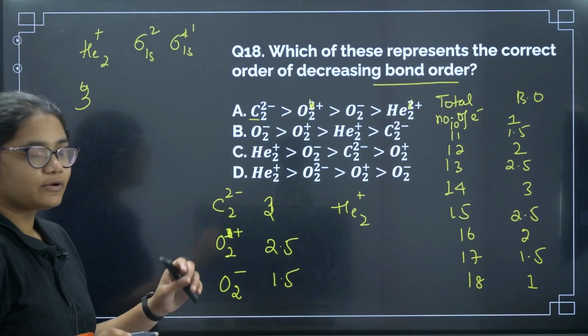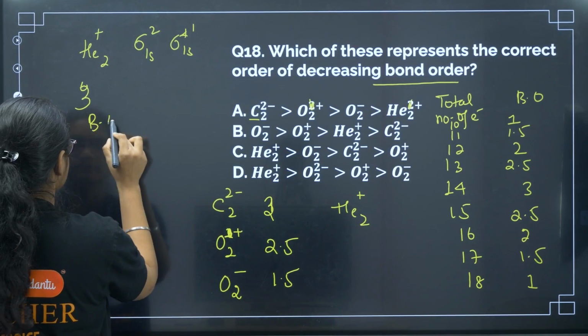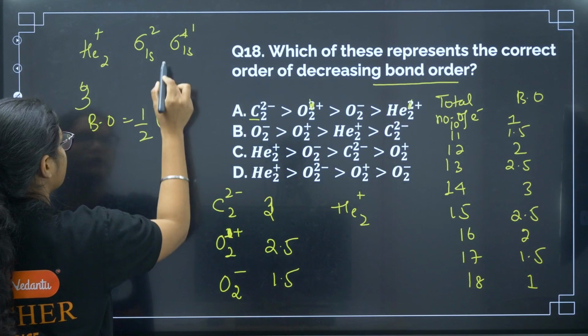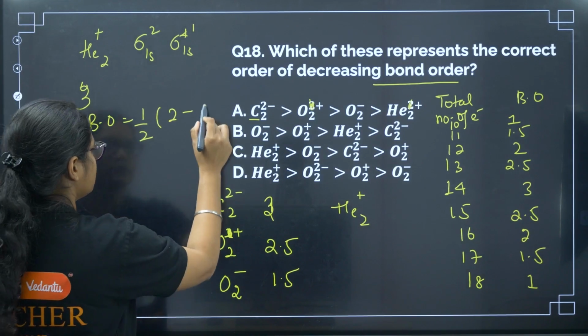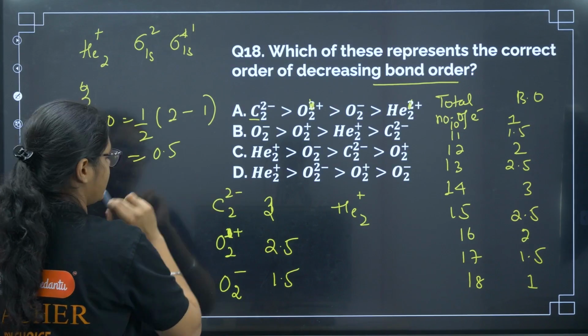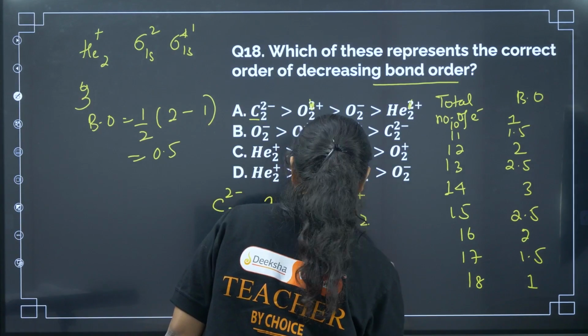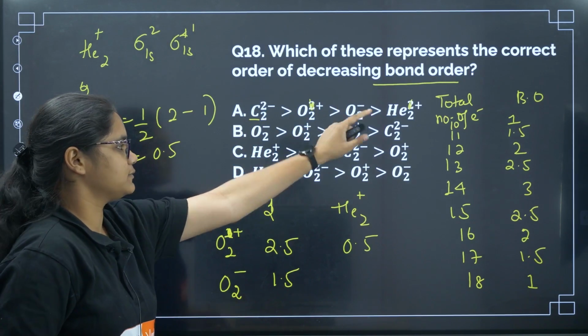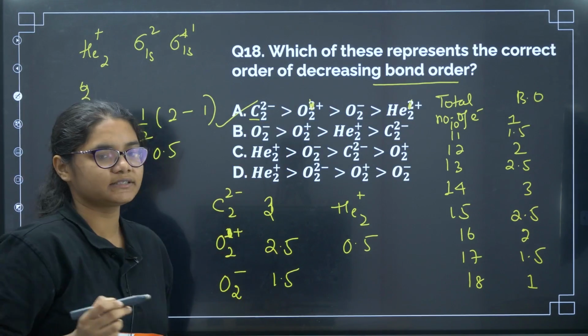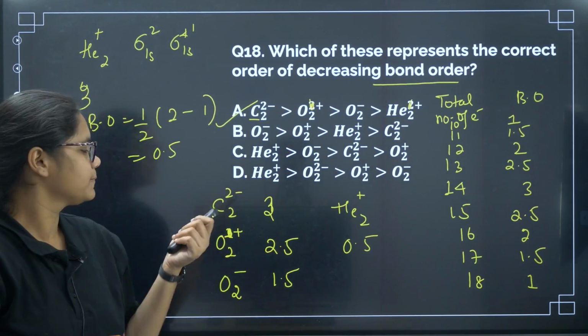Now the bond order is half of the number of electrons in the bonding orbital minus the number of electrons in the anti-bonding orbital. So I'll get 0.5. So this bond order is 0.5. Now if you see the order, this is first, then this one, then this one and then this one. So the correct answer for this question will be option number A.